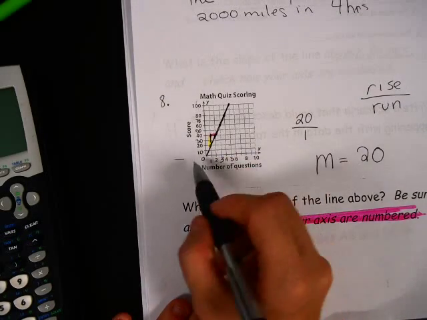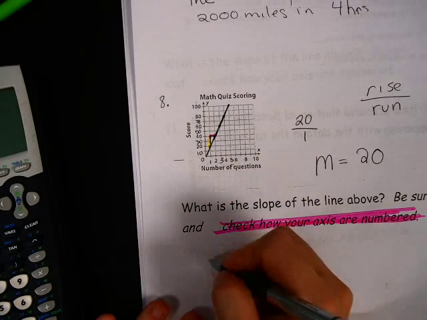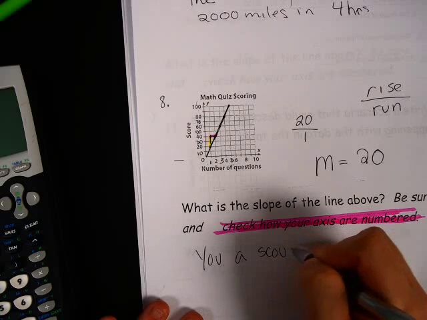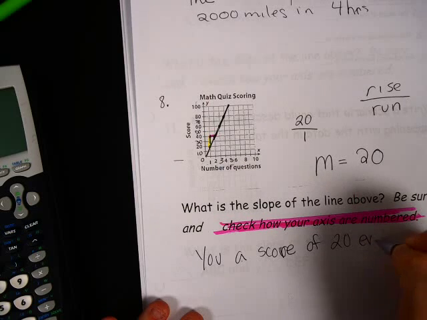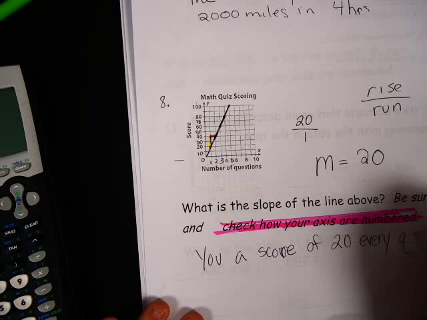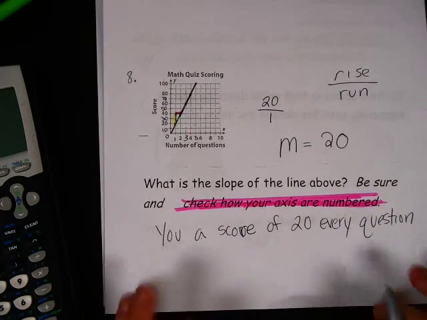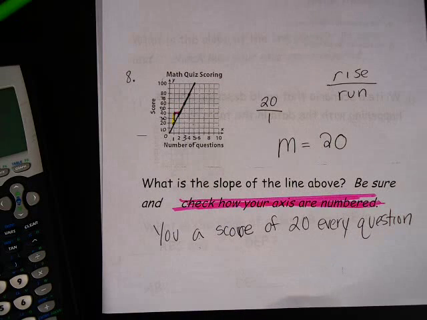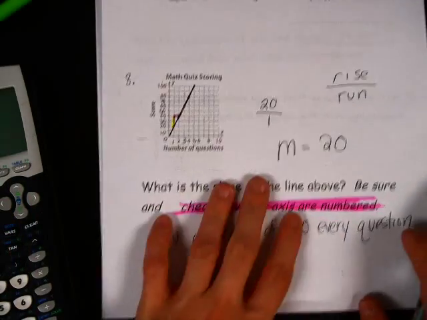It means you get a score of 20 every question. So 20 points for every question is what it's essentially saying. Number of questions and score. So you get 20 points for every question I assume you do correctly. So think of it that way.